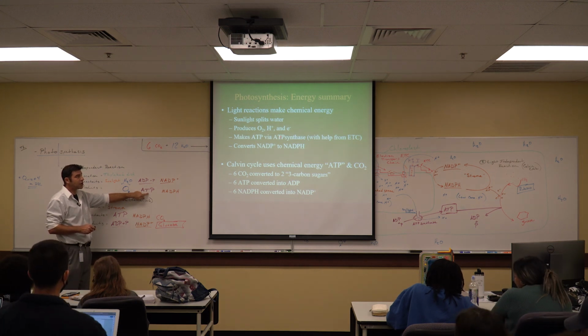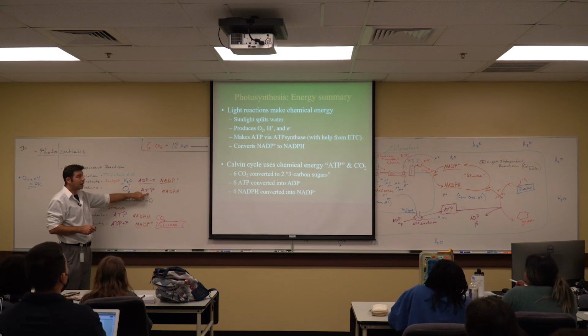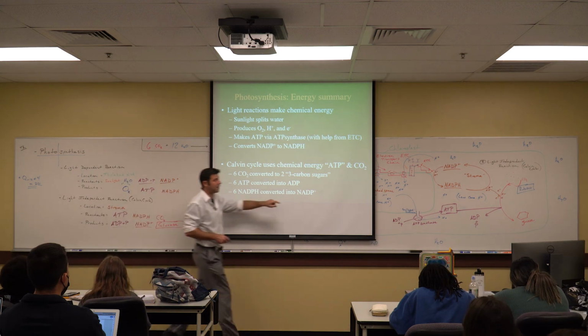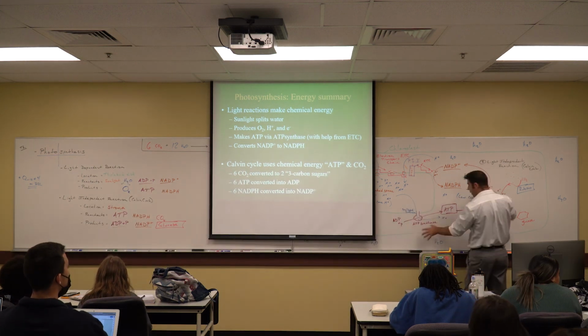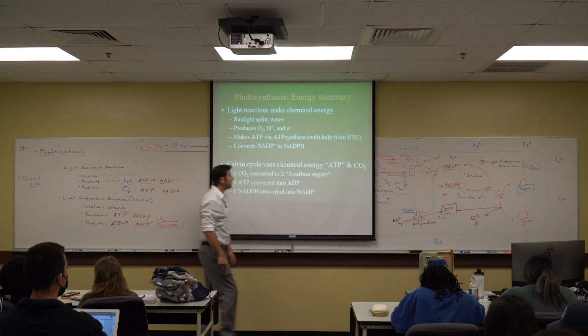That flow of hydrogen ions across that ATP synthase makes our ATP. It's helped, remember, the electron transport chain helps out that ATP synthase by removing any hydrogen ions that end up out here in the stroma. They're pulled back into that thylakoid space.